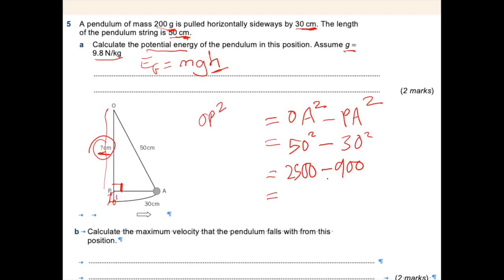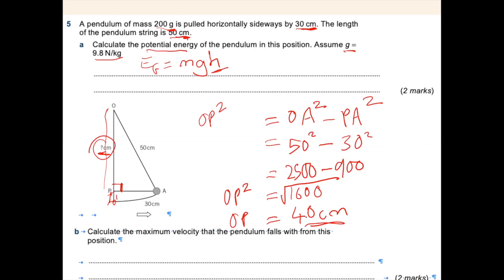You should always do this on your calculator. We're going to be left with 1,600. That is OP squared. So what we have to do to get OP is square root that, folks. And when we do that, we get 40 centimeters. And that's part of the way through this question.